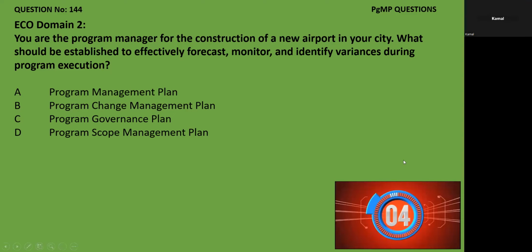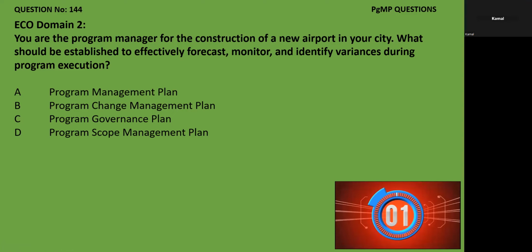You are the program manager for the construction of a new airport in your city. What should be established to effectively forecast, monitor, and identify variances during program execution? A, program management plan, B, program change management plan, C, program governance plan, and D, program scope management plan.